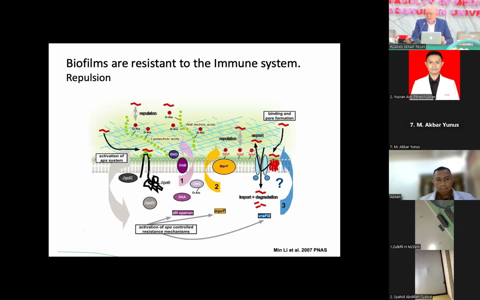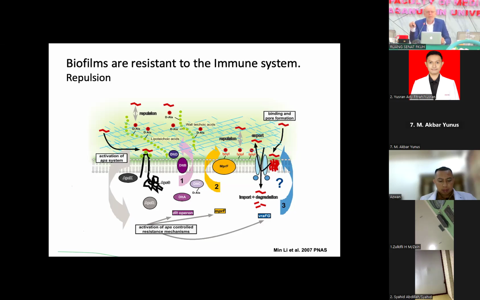Yet bacteria are no sitting ducks. And what you can see in the left top is, of course, a scheme of how Staphylococcus aureus looks. You see the peptidoglycan in the top, and then the membrane in the middle.